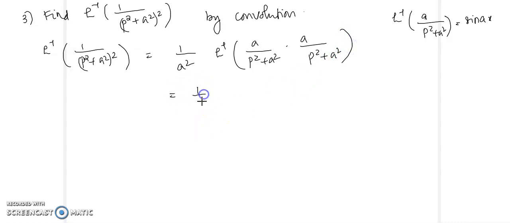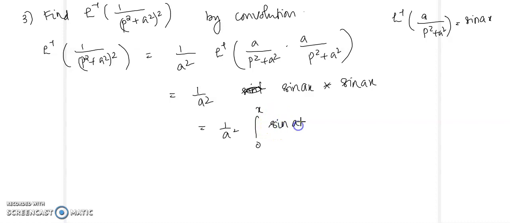So by convolution this will be sine ax star sine ax. So that will be 1 by a square integral 0 to x sine a(x minus t) into sine at dt.